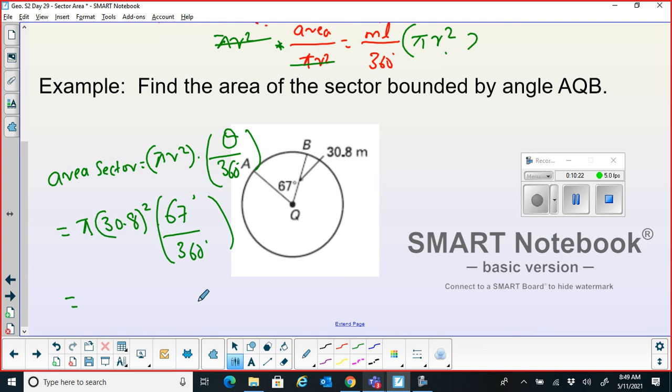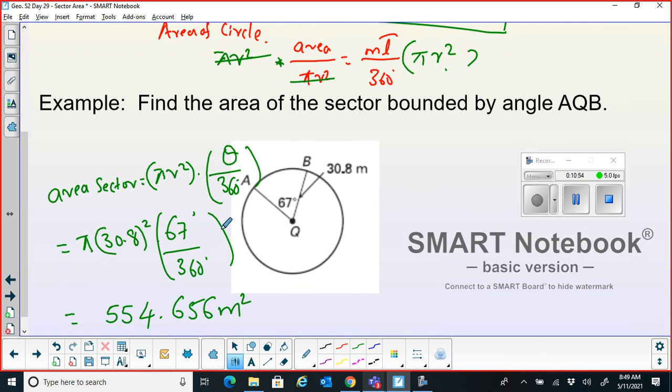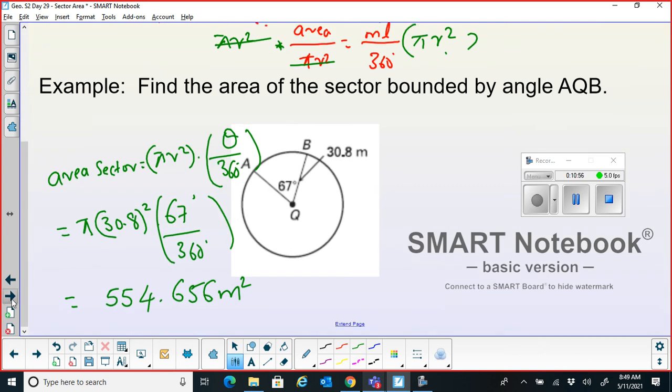I will have 554.656 square meters as the sector area. I hope this problem is clear. I just made use of the final formula. If it's tough for you to remember this, you can remember the ratio and then cross multiply. Anything will work. Let's move on to the next slide.